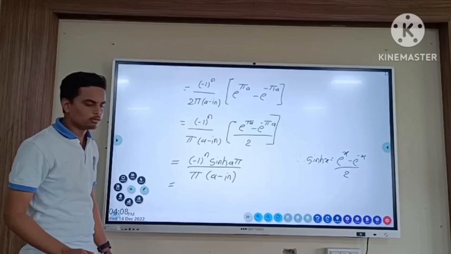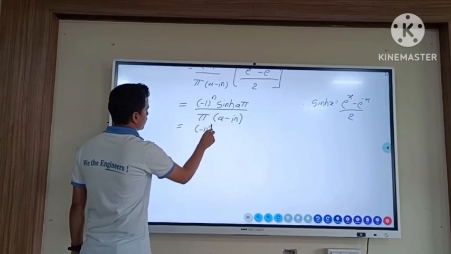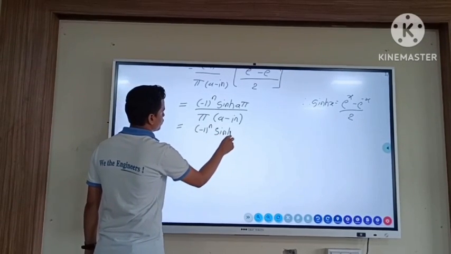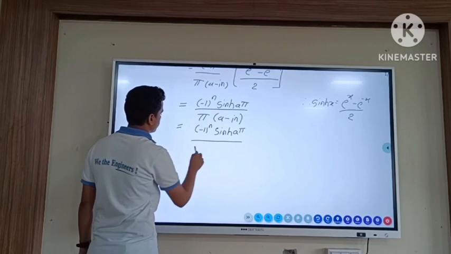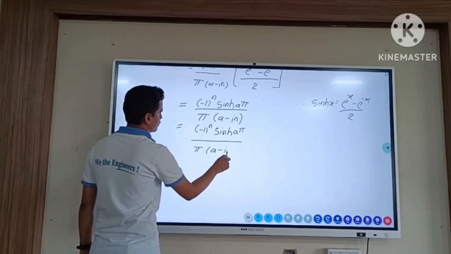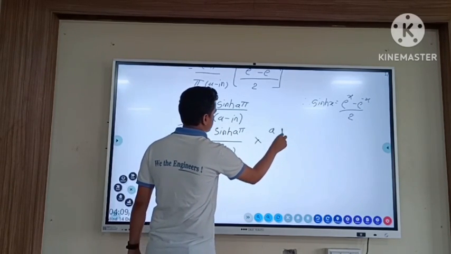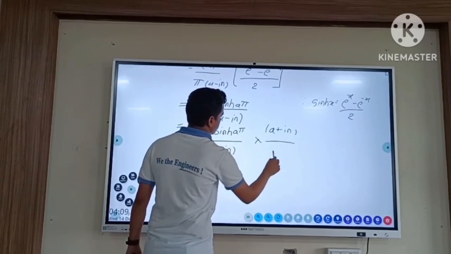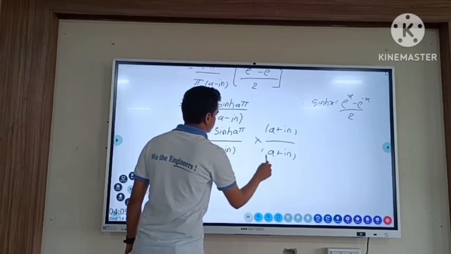Using the complex conjugate rule, minus 1 raised to n sin hyperbolic a pi upon pi a minus in, multiplied by a plus in upon a plus in.